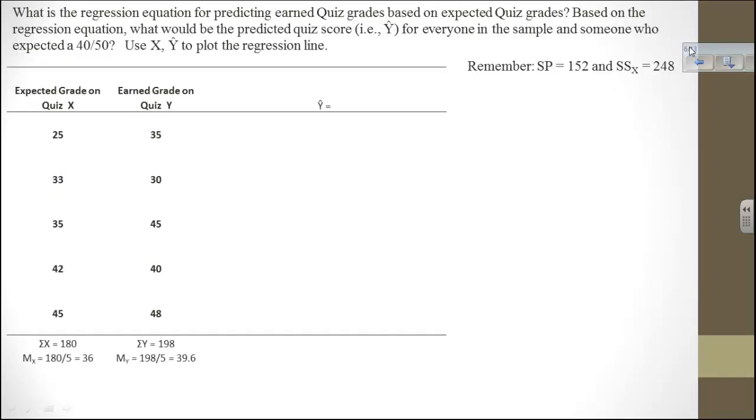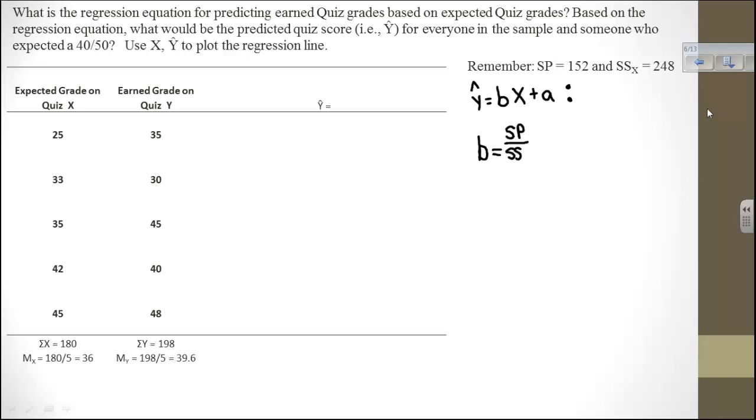So let's go ahead and find the regression equation. The formulas to find the regression equation are these. Remember, we've got y hat equals bx plus a. Once we find a regression equation, we'll be replacing b and a with some value. The formula for b is equal to sum of products divided by the sum of squares x.